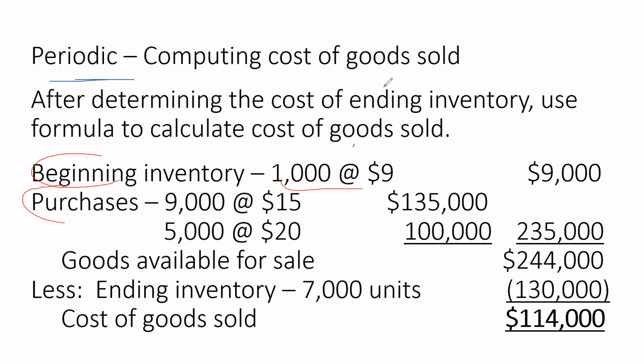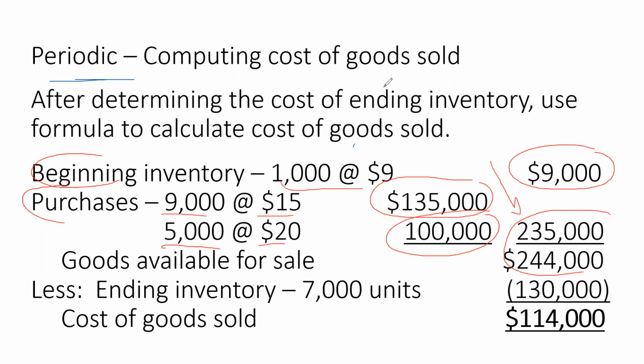And we read the first slide, 9,000 at $15 a piece and 5,000 at $20. So they had a beginning inventory of $9,000. They bought 9,000 units for $135,000. They bought another 5,000 for $100,000. That gives you a goods available for sale of $244,000.